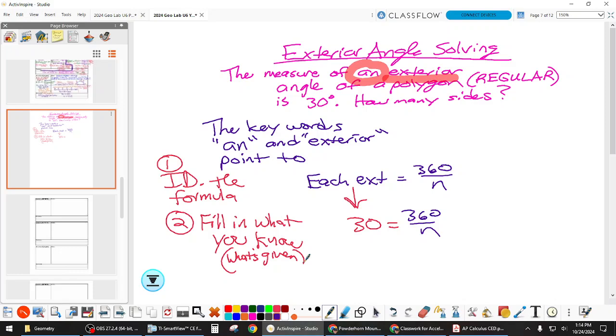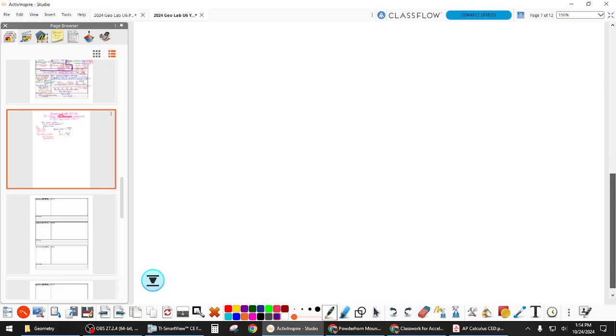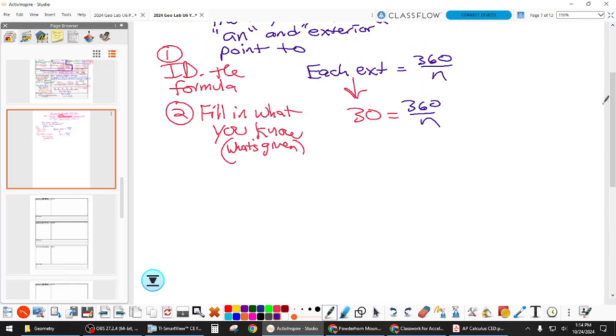How do we do that? How do you get N by itself? Doesn't it say 360 divided by N? So we want to undo that.